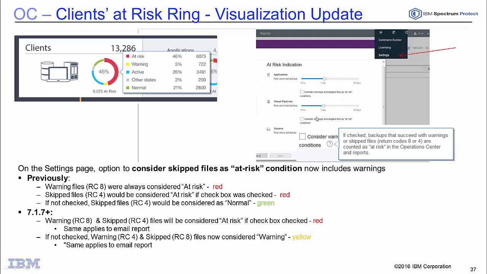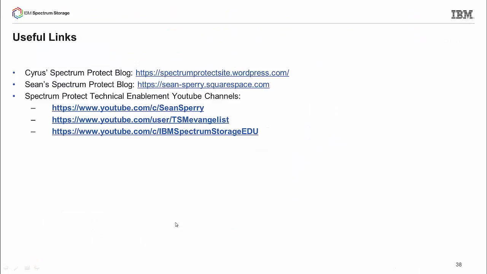If this box was not checked, then the return code 4 and return code 8 are now showing up as a warning inside of the yellow category. This same type of warnings and at-risks will be reflected in the email reports that we send out on a daily basis.